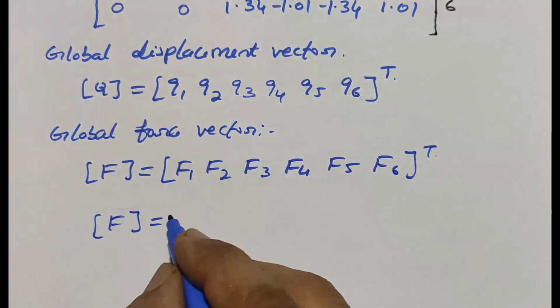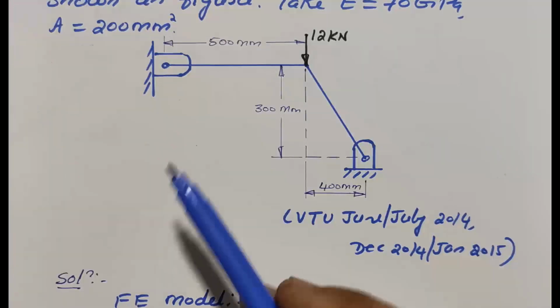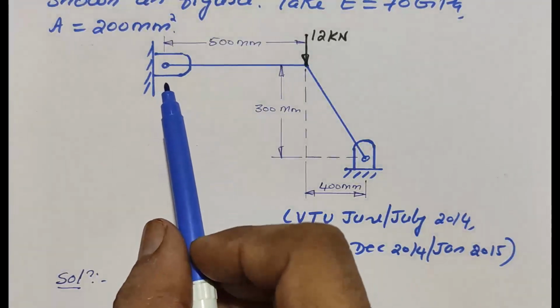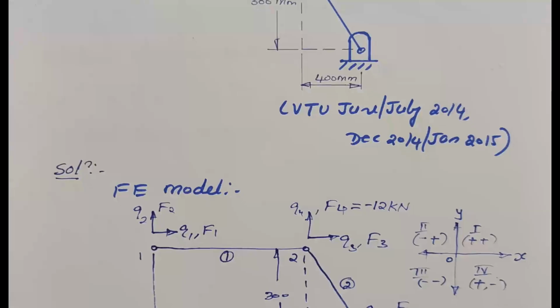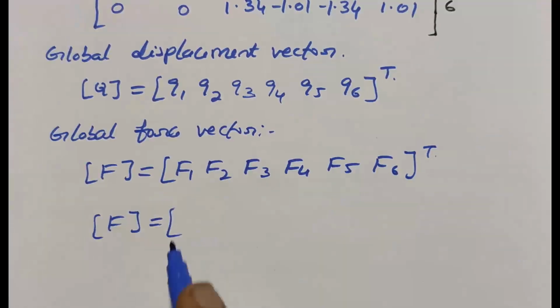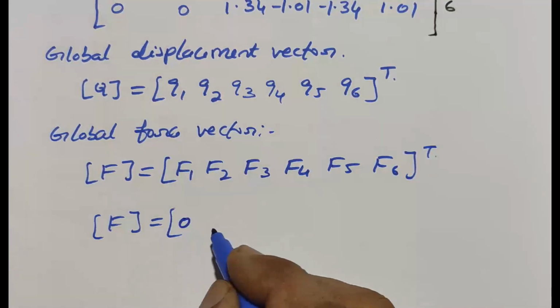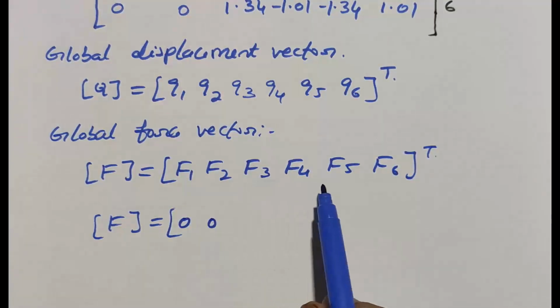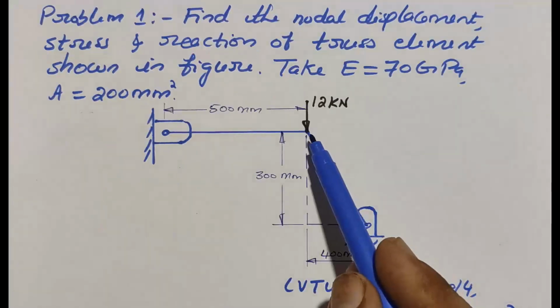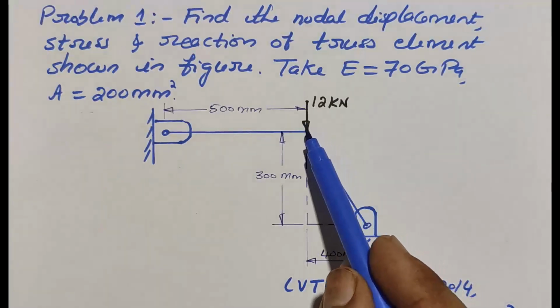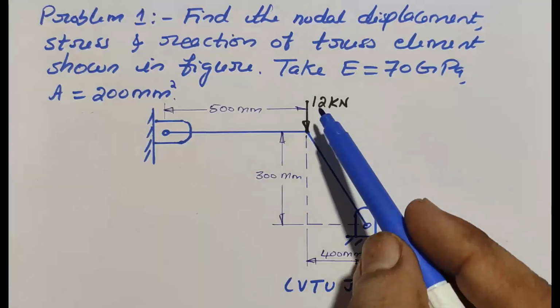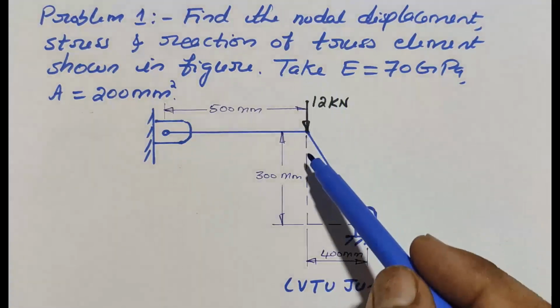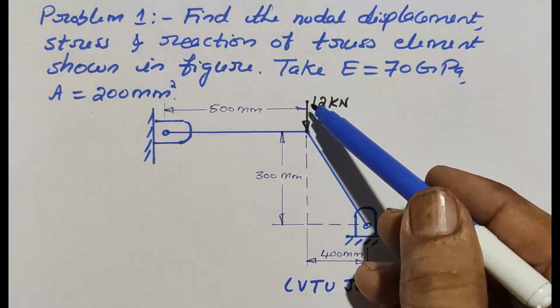F is equal to, see the figure, this is node number 1, here we don't have any applied force, means this F1 and F2 will be equal to 0. Next we need F3, F4, that is nodal force acting at node number 2. See here at node number 2 we don't have any force acting in x direction, but we have force acting in y direction, but it is acting in negative y direction.